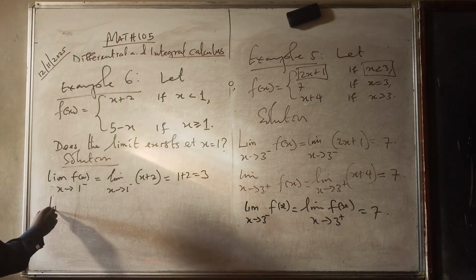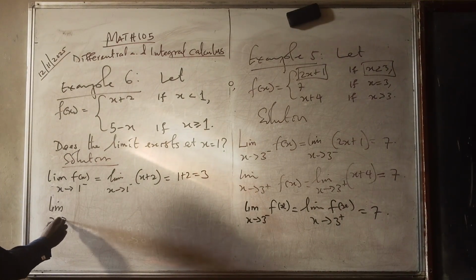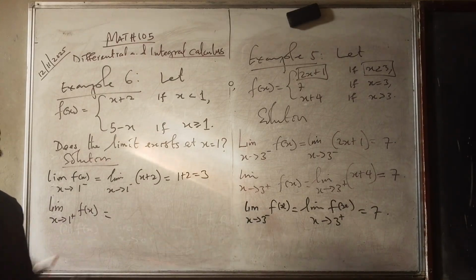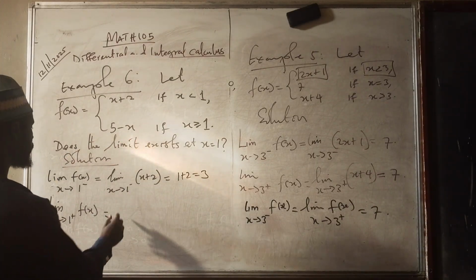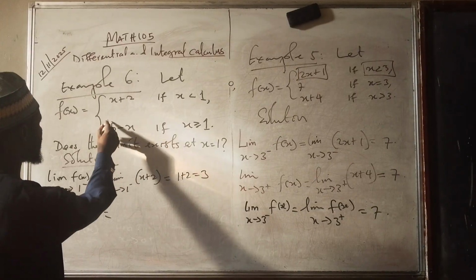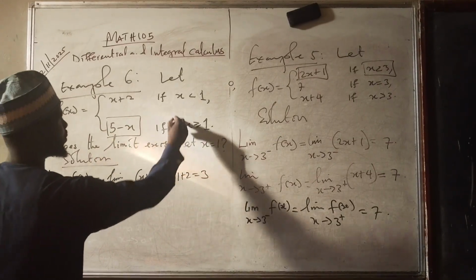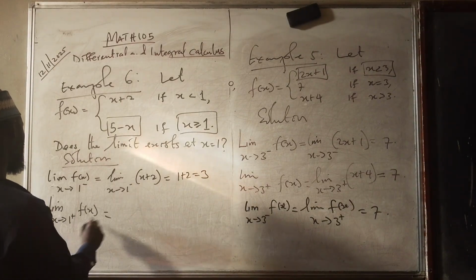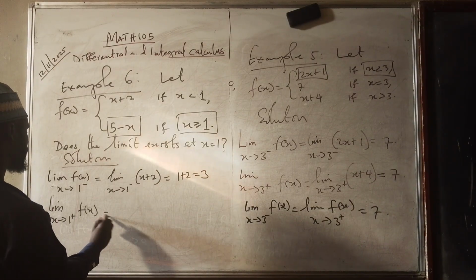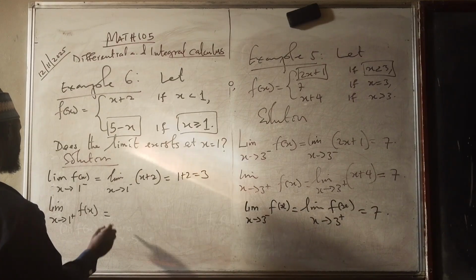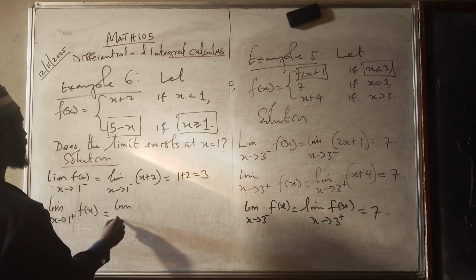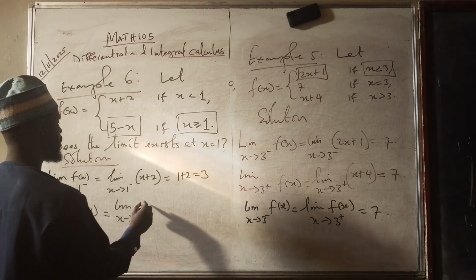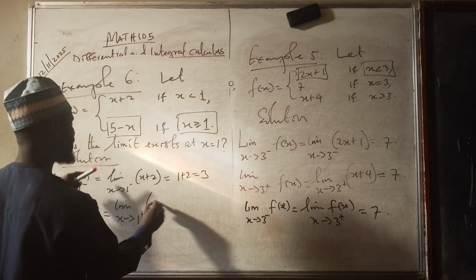Okay, so the limit as x tends to 1 from the right of f of x is equal to, so we consider this value now, for x above 1. So it is equal to the limit as x tends to 1 from the right of 5 minus x.